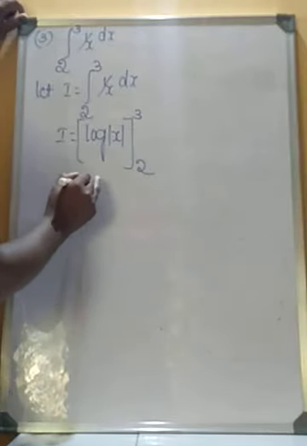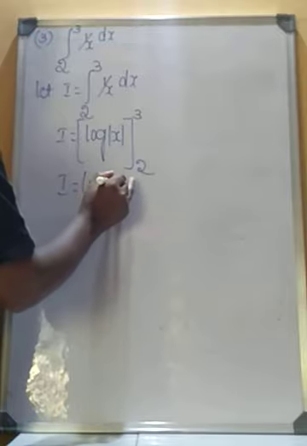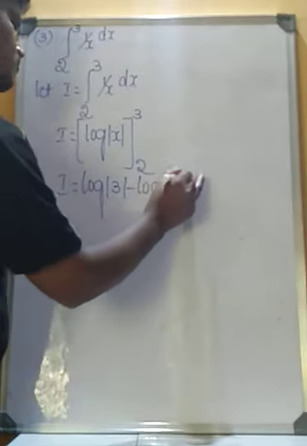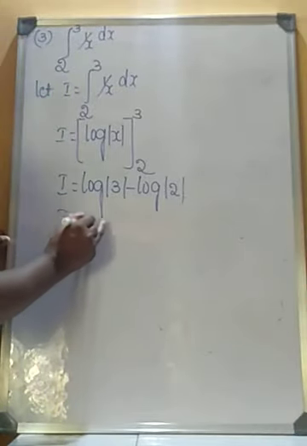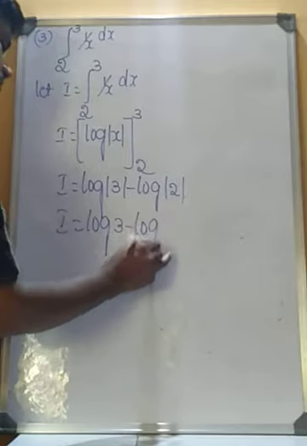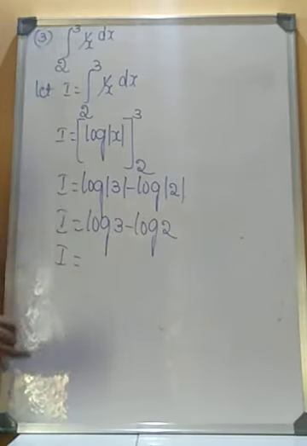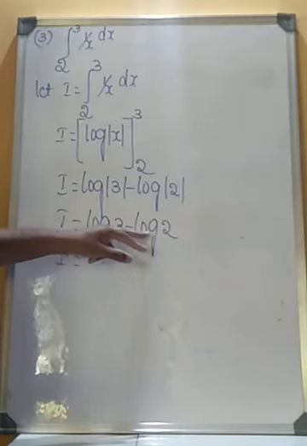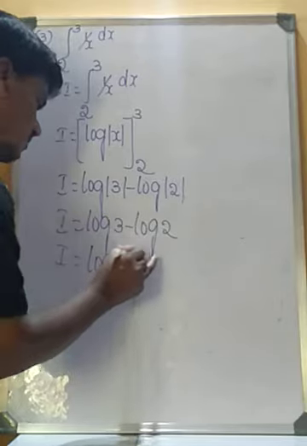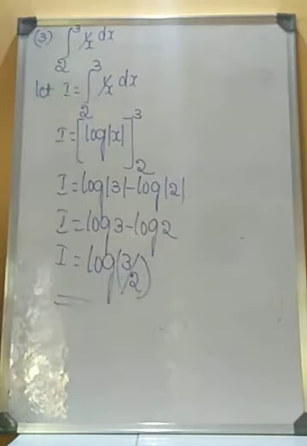Therefore I equals log mod 3 minus log mod 2, so I equals log 3 minus log 2. Log A minus log B is equal to log of A by B, so I equals log of 3 by 2.